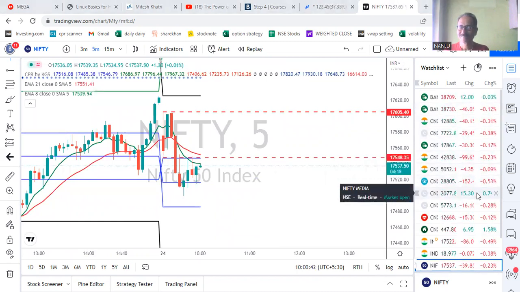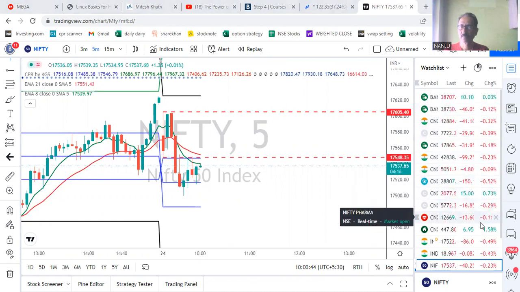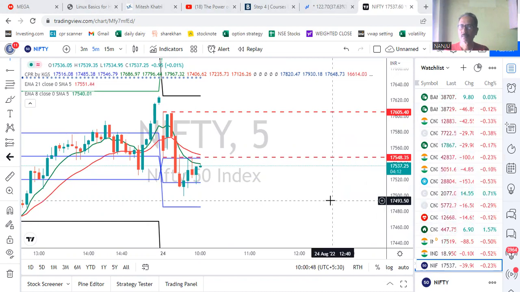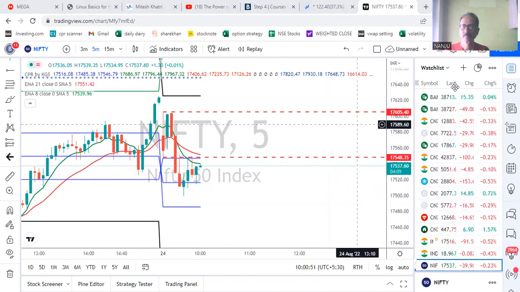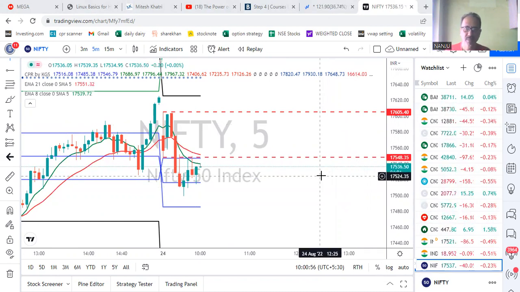See, most of the segments are in red. Today is Wednesday and a day prior to the expiry. Tomorrow is weekly as well as monthly expiry.